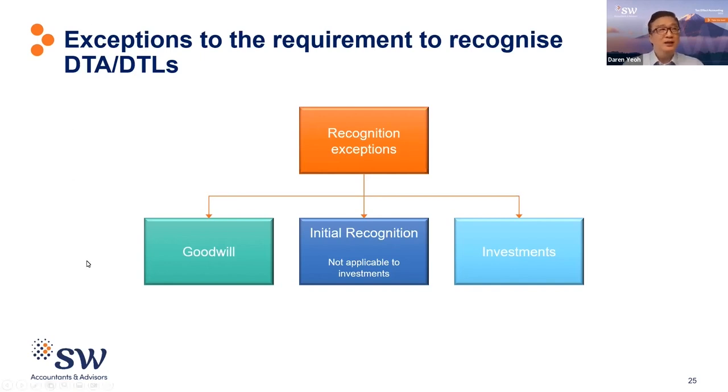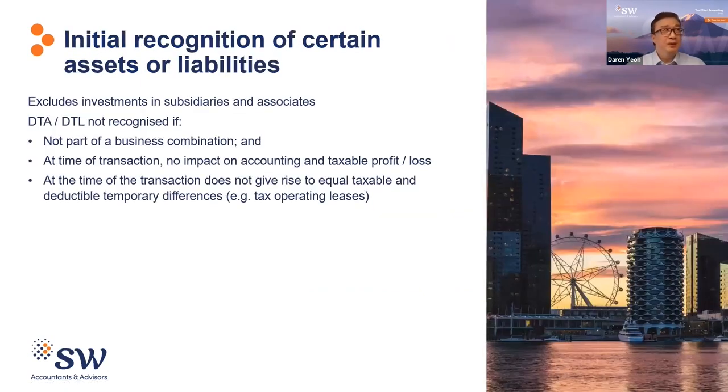So the first one is goodwill. It's easy. If you see goodwill, do not recognize anything for it. The other 2 recognition exceptions are the initial recognition exception and the one relating to investments in your associates and subsidiaries. So we'll look at the initial recognition exception first.